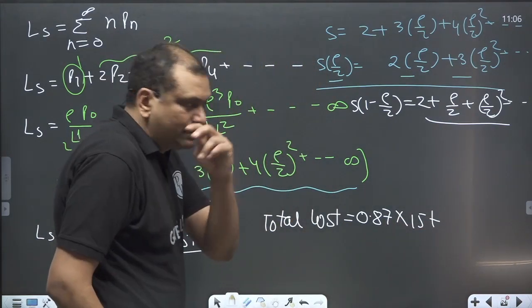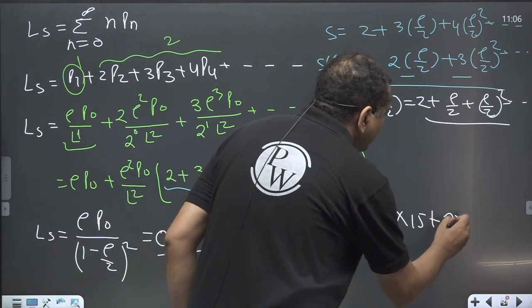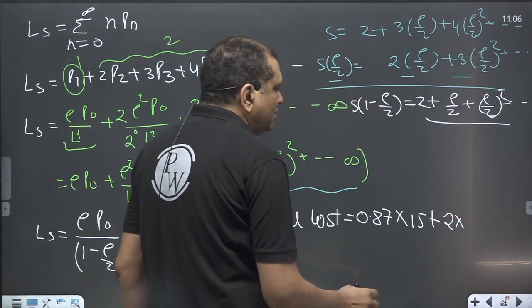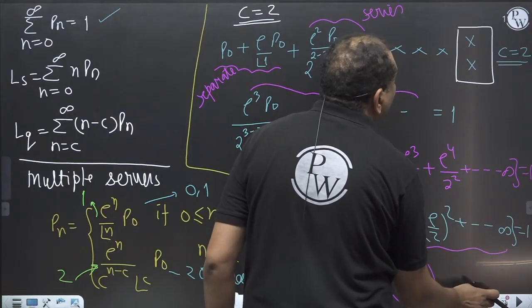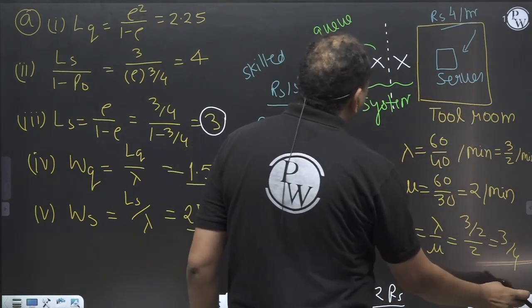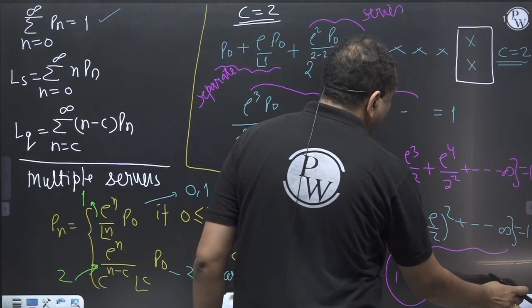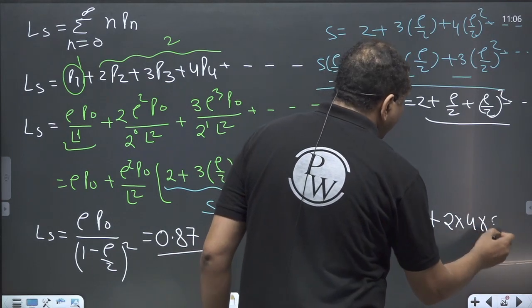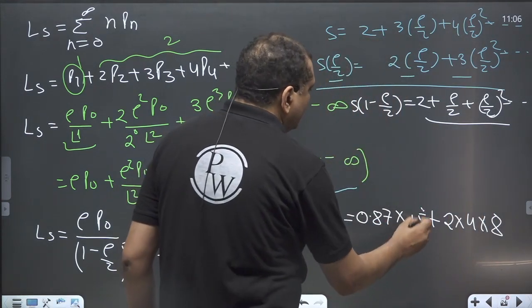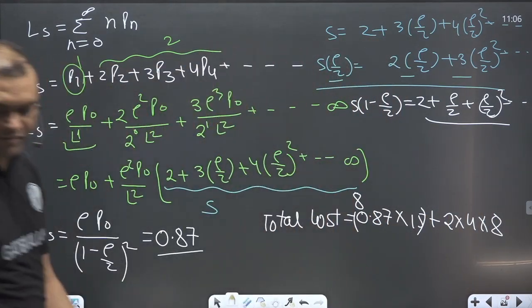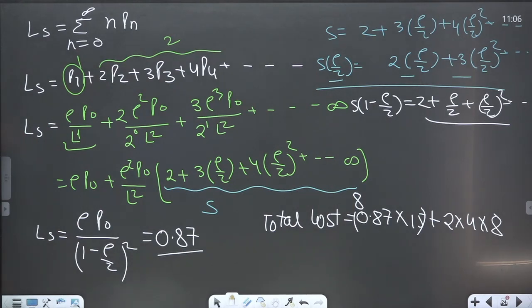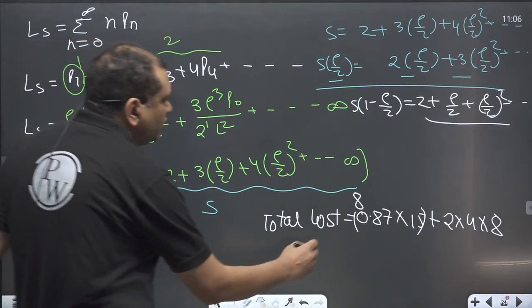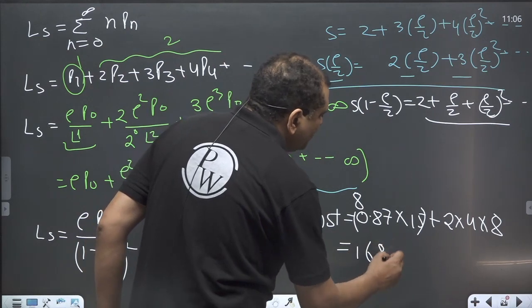Now there are two servers, and their wages are 4 rupees per hour, and it's an 8-hour work shift. So it comes out to be 168 rupees.